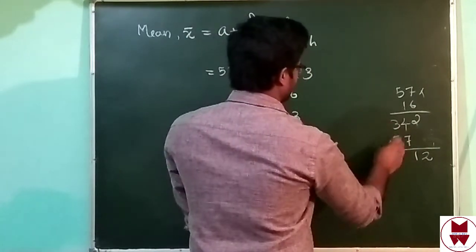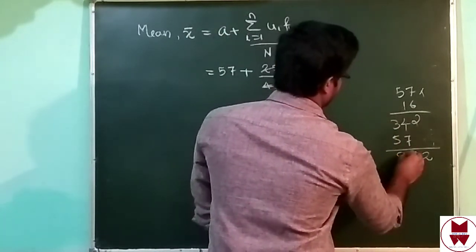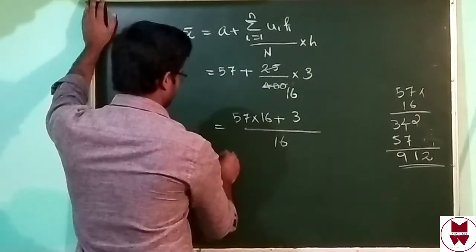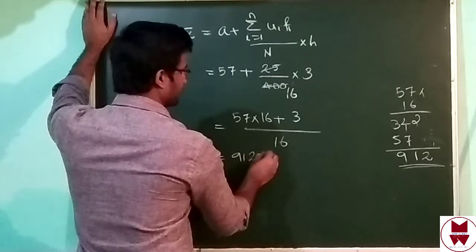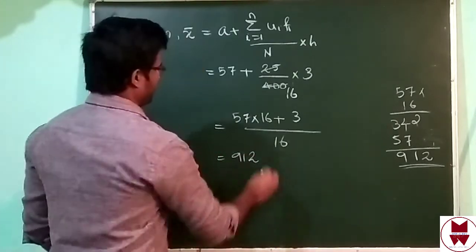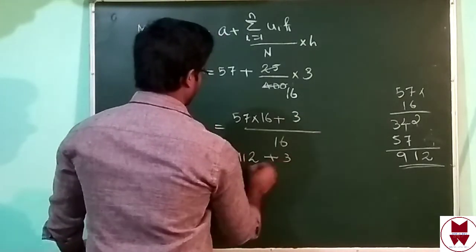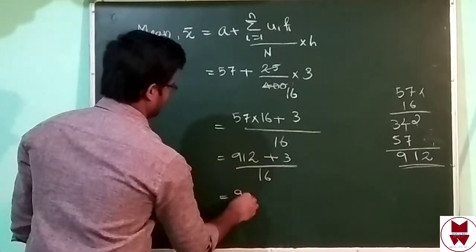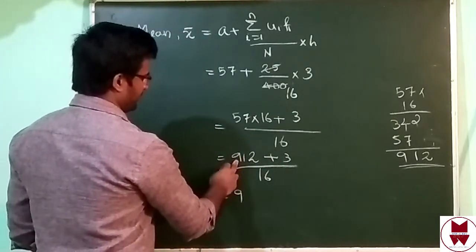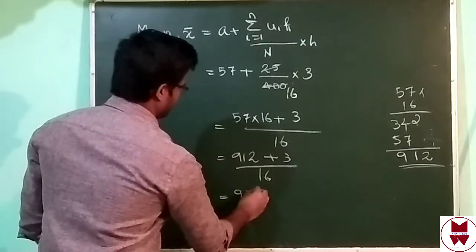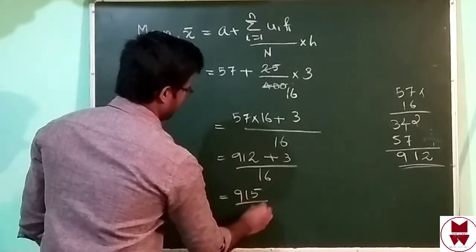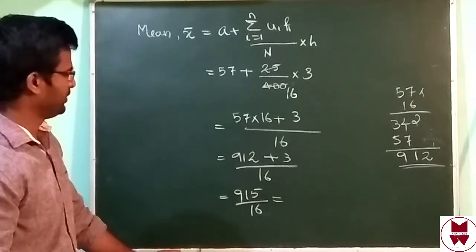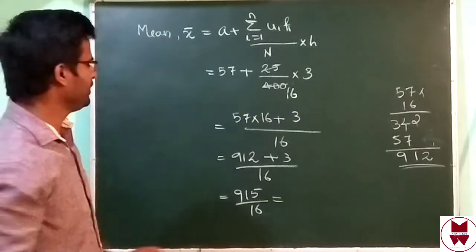Then 3 plus 5, 8. Plus 1. Plus 1 more, 3 divided by 16. If you add 912 plus 3, 915 divided by 16. You can divide this, 915 divided by 16.